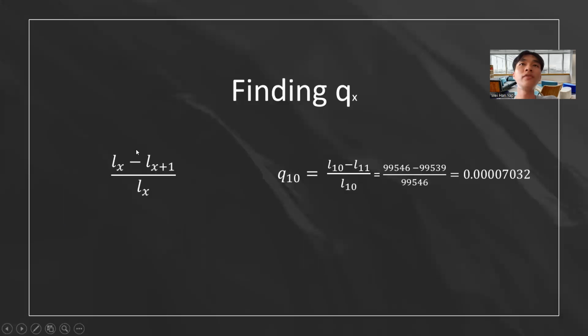The first component of our life table is our qx. The formula for finding qx is lx minus lx plus 1, divided by lx. Let's try an example, q10. q10 is l10 minus l11 divided by l10.